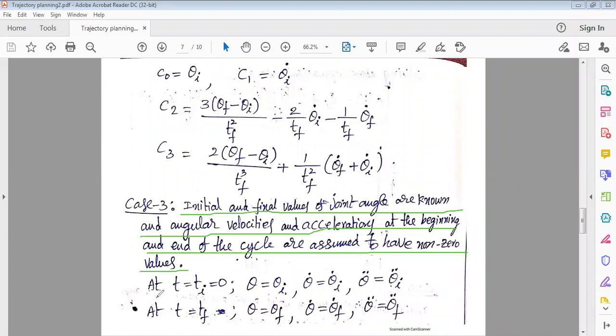So at time t is equal to 0, theta is equal to theta I, theta dot is equal to theta dot I, theta double dot is equal to theta double dot I. At time t is equal to f, theta is equal to theta f, theta dot is equal to theta dot f, theta double dot is equal to theta double dot f. Those are the initial conditions.